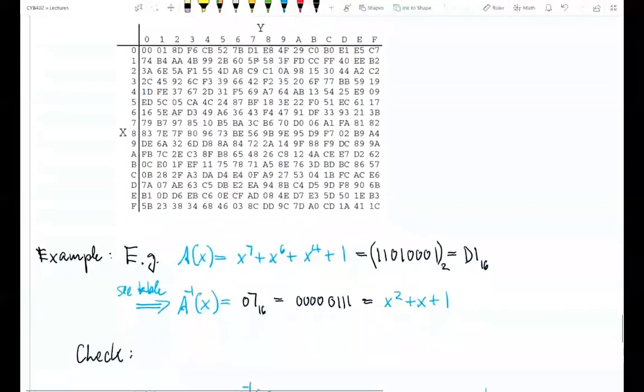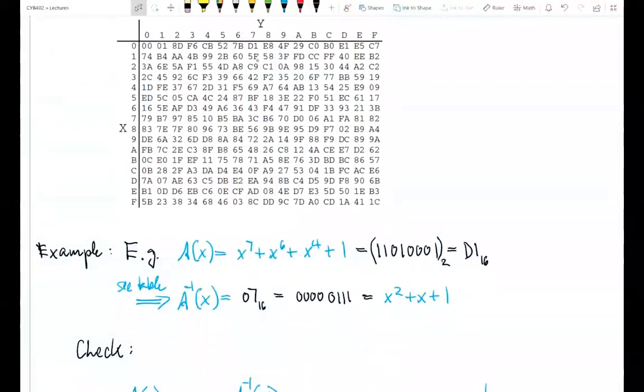Let's do an example. Like we want to have the inverse of A of X in hex representation. This is D1, of course. So we split here. We have 1 here, and we have the D here. Knowing what your polynomial is in hex, you just go in this table.